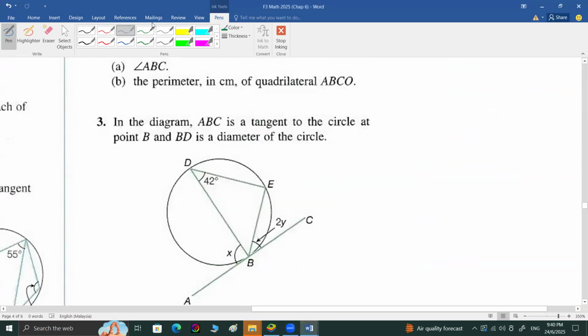Okay, one student showed me just now. Riyang said 90 and 21. 90, 21, right? Okay. Do you have any other answer?